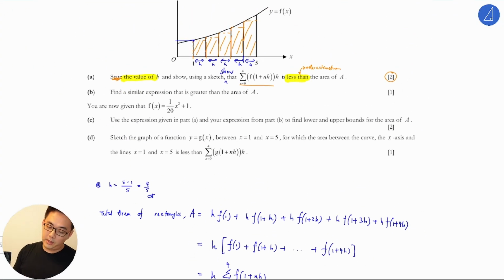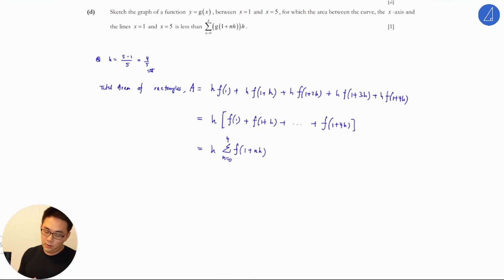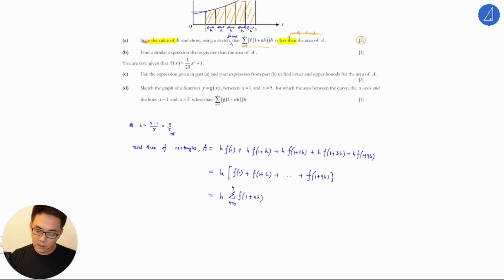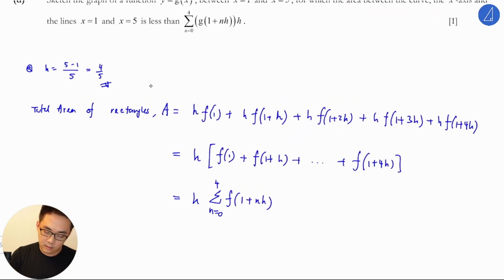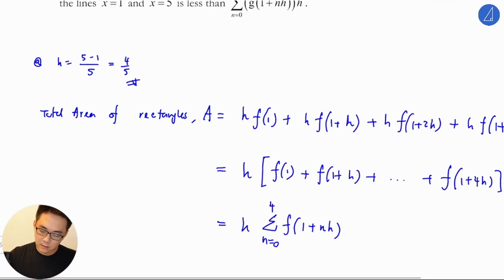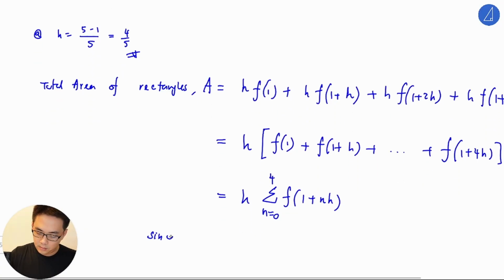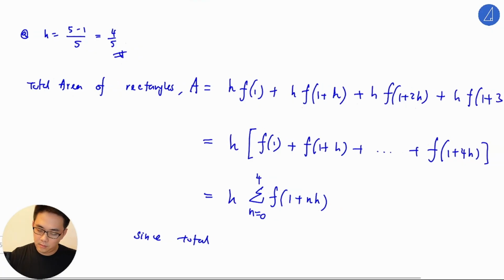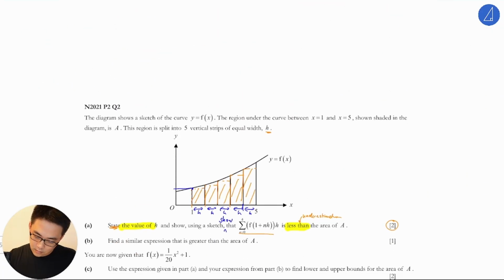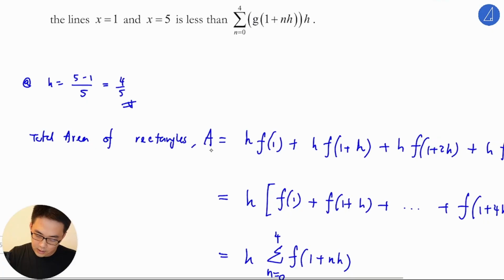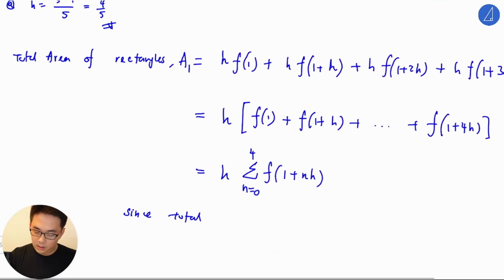It will show that it's less than, okay? So since the area A1, sorry, don't put A, because A1 is the exact area. This is the total area of rectangles.